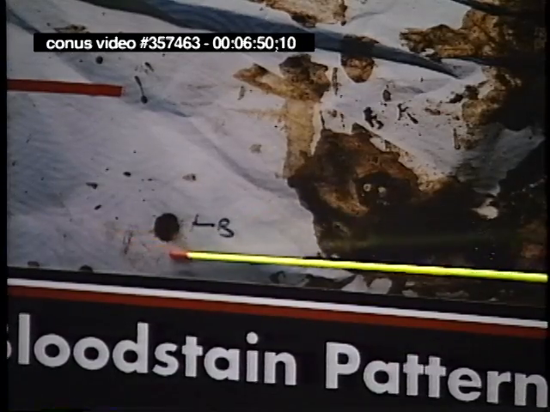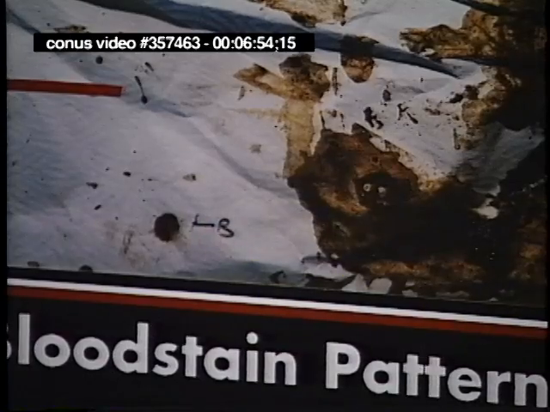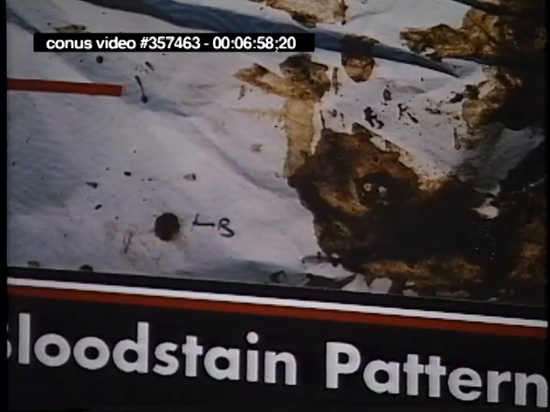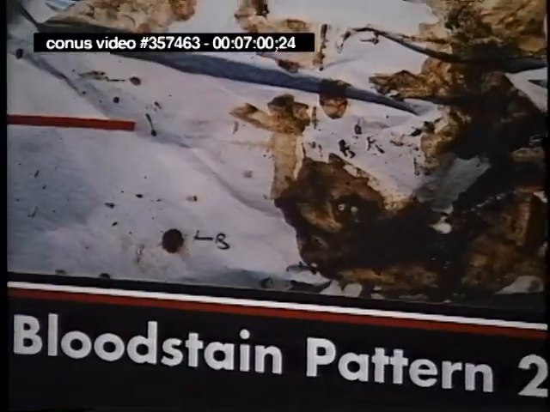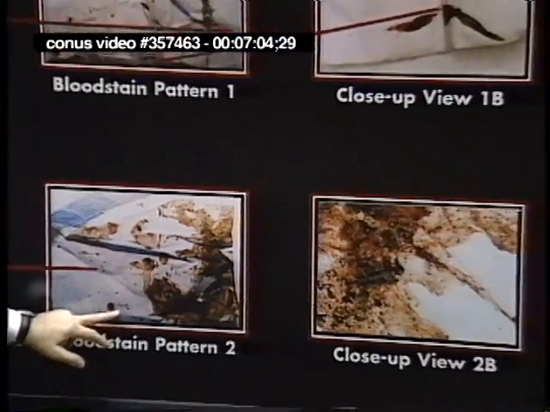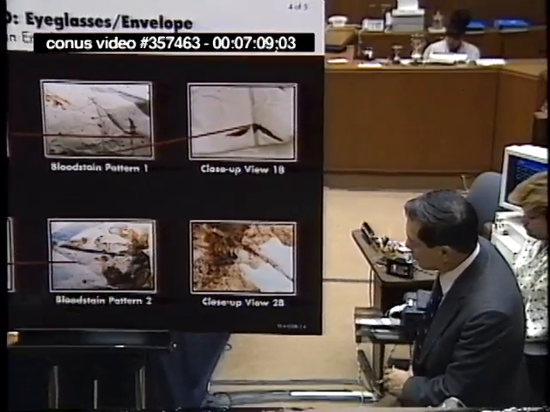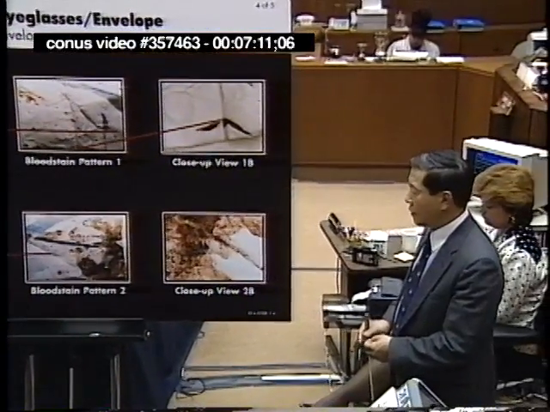This indicates this drop has been sampled by laboratory examiner to type this drop. And on this photograph, are there initials there? No, just there's one V. A B, yeah. Indication of B.